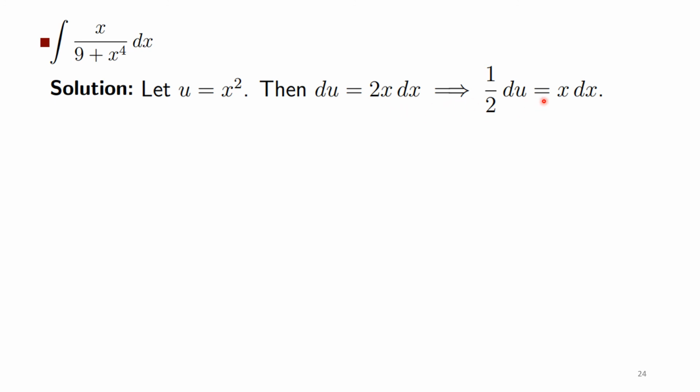And we can rewrite x dx, because we only have x dx here. You can divide both sides by 2, so you have 1/2 du is equal to your x dx.